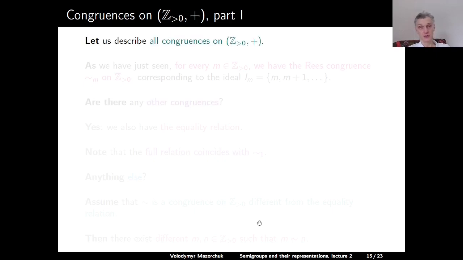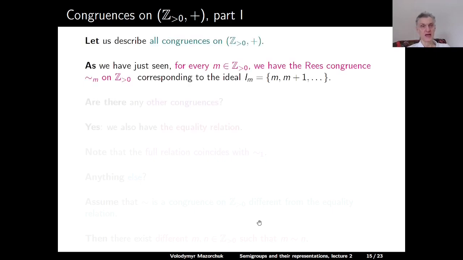Let's describe all congruences in this semigroup. We have just seen that for any m, a positive integer, we have the Rees congruence tilde m, corresponding to the ideal Im, which consists of all elements which are greater than or equal to m. So are there any other congruences on this semigroup?